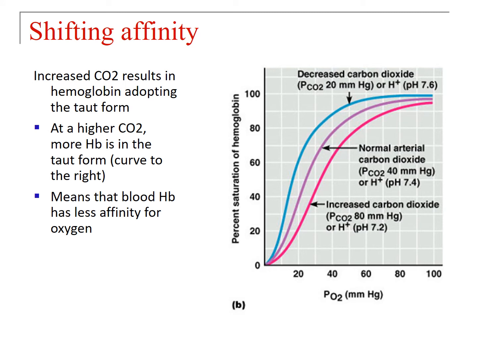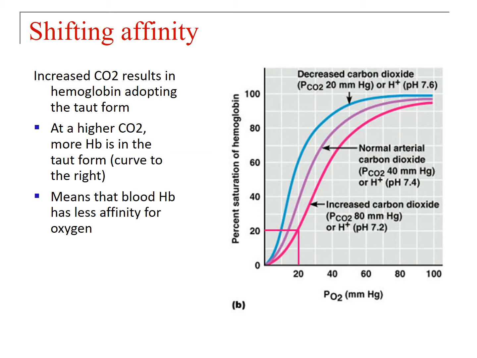If you're talking about a decreased pH, at a PO2 of 20, your percent saturation is going to be about 20% saturation. Because hemoglobin in its taut form does not hold on well to oxygen, it won't pick up as much. So at a PO2 of 20, it has a percent saturation of about 20.